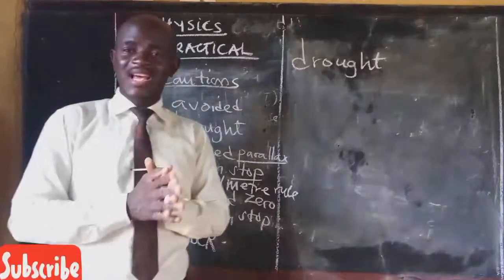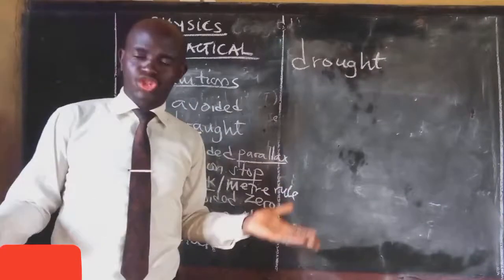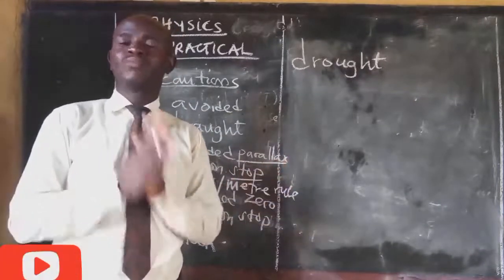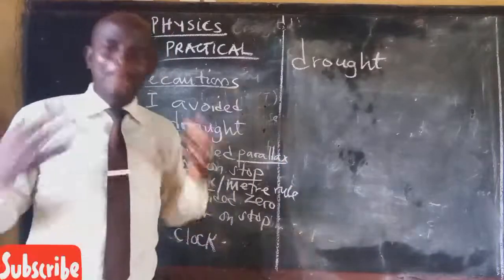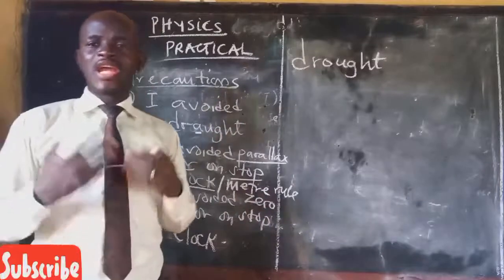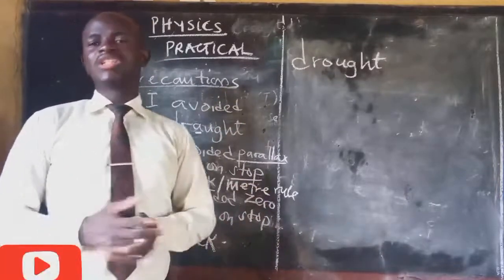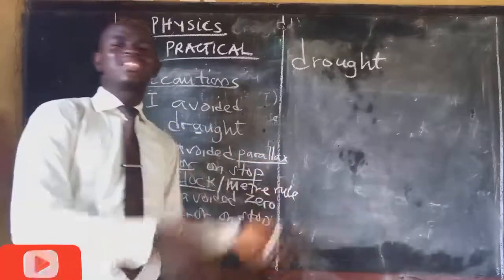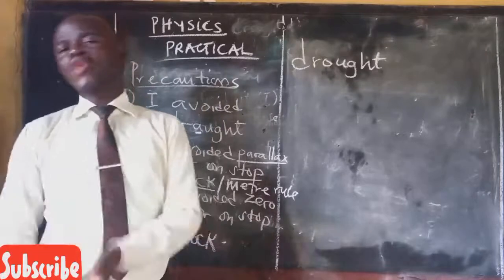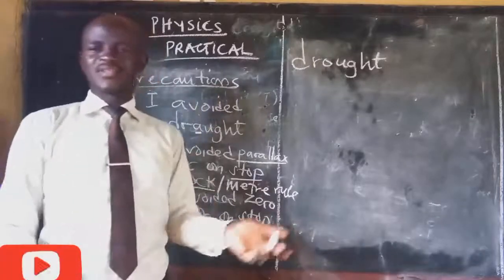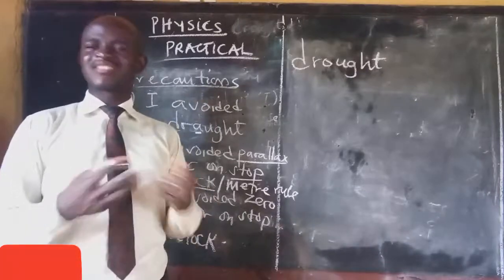The question can say, define simple harmonic motion. Or the question can say, define the period of a pendulum performing simple harmonic motion. The question can say, differentiate between the period of a pendulum and the frequency of a pendulum. So these are the little questions you may be asked theoretically.